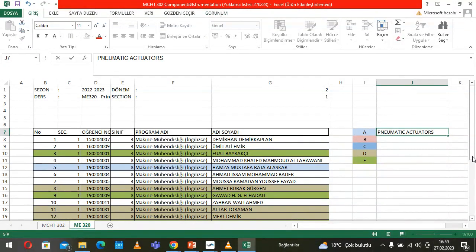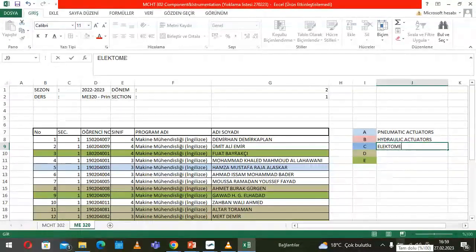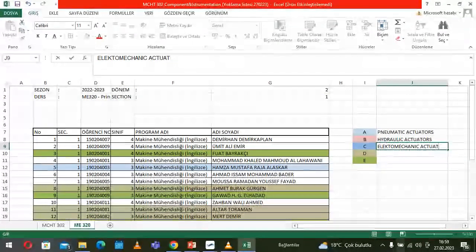Pneumatic actuators, okay. Hydraulic actuators, okay. Electric electromechanic actuators, okay.